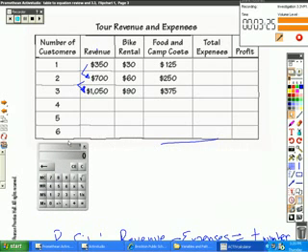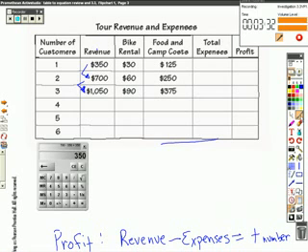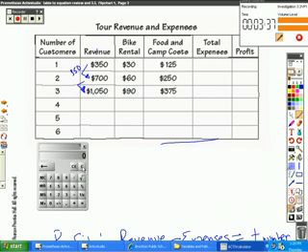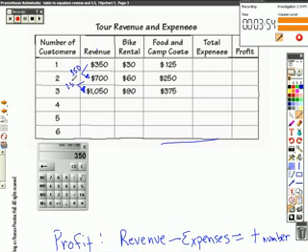I'm going to do 700 minus 350, which equals 350. I have to do at least two, and since I only have 3 numbers, I can only do this twice. 1050 minus 700 equals 350. So my table is increasing by 350 every single time.